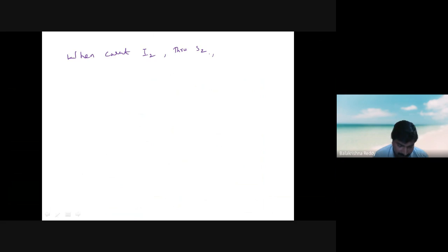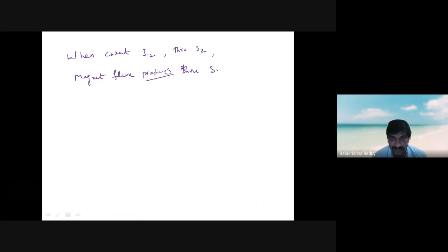Then obviously, when you connect a current, magnetic flux is produced. This flux, whatever it is, will also pass through S1 since S1 is inside.